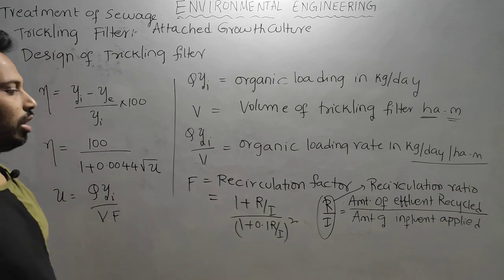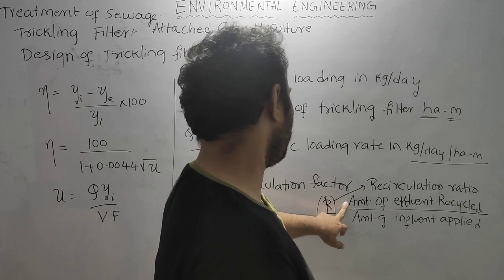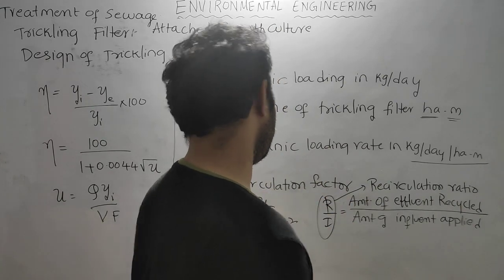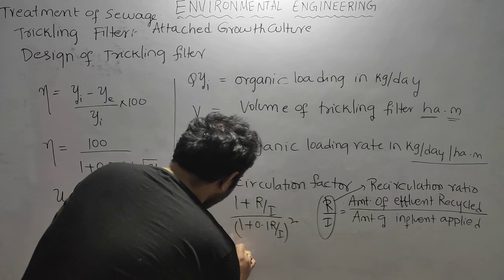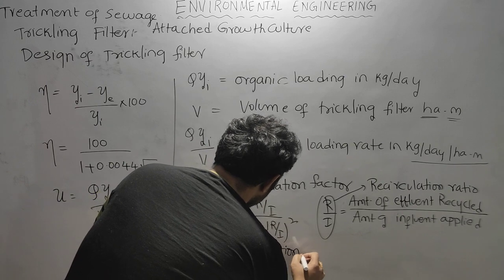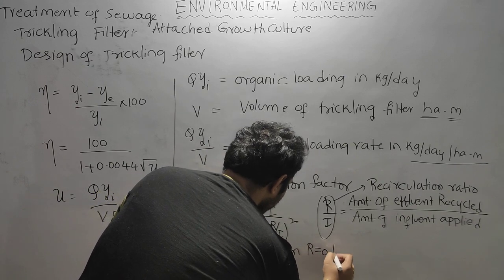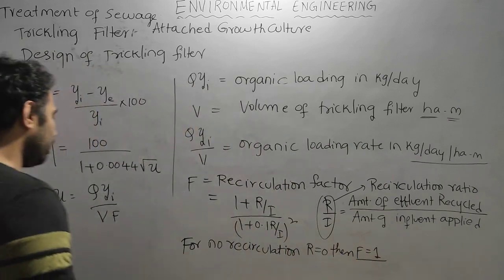If there is no recirculation, then the amount of effluent recycled will be 0. For no recirculation, R is equal to 0, then F is equal to 1.